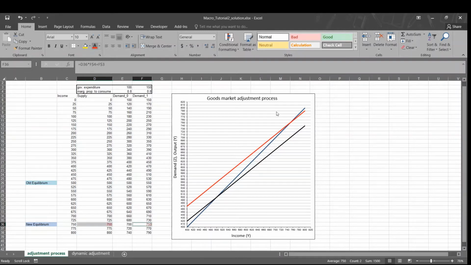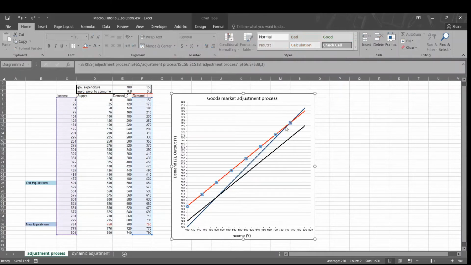This is again represented by the red line and its intersection with our 45-degree line, giving us a new equilibrium of 750 units.